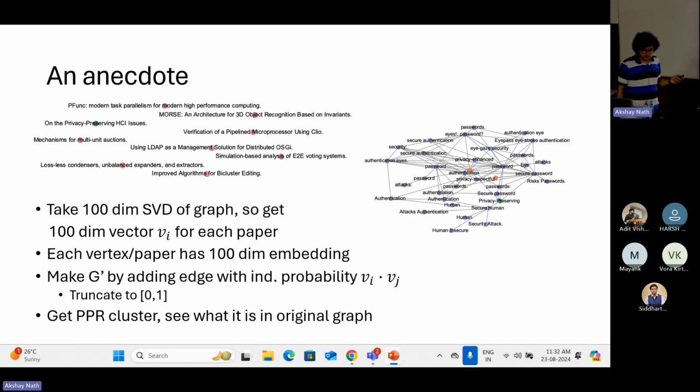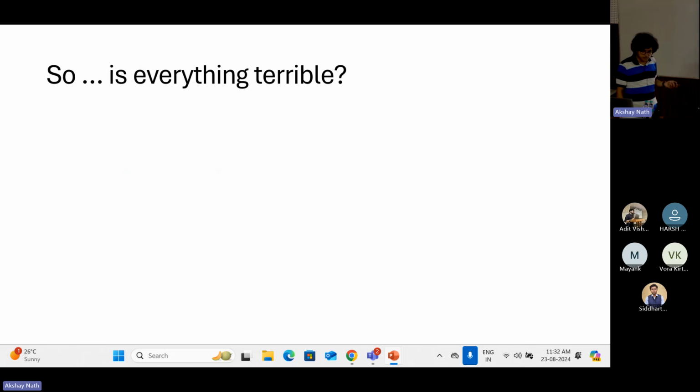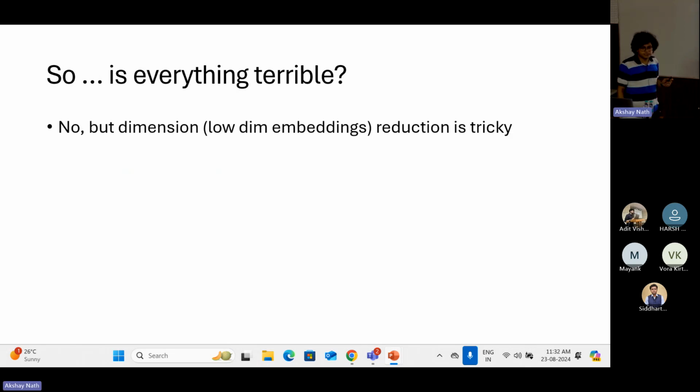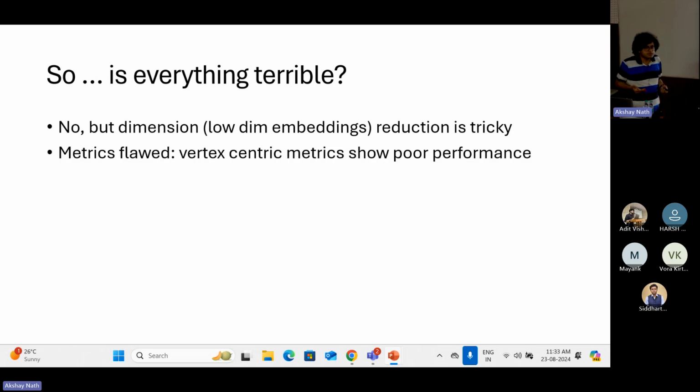There's a reason for this. Not everything is terrible, but low dimension reductions are tricky. This is mainly because the metrics we use to study these are often flawed. We care about things like ROC, area under the curve, where you essentially care about the net thing.